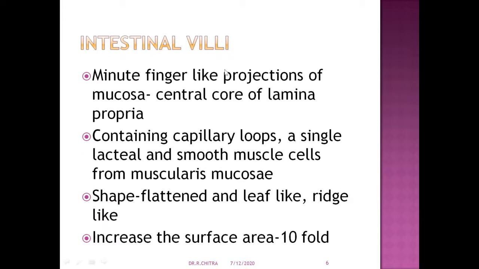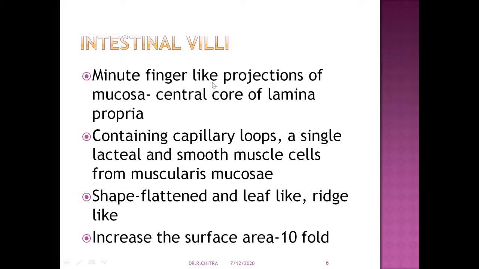What are intestinal villi? The peculiar feature of the small intestine is intestinal villi. They are the minute finger-like projections of the mucosa containing the central core of the lamina propria. So as a whole, the mucosa is projecting like fingers. It contains capillaries and a small lacteal and even some smooth muscle cells from the muscularis mucosae.